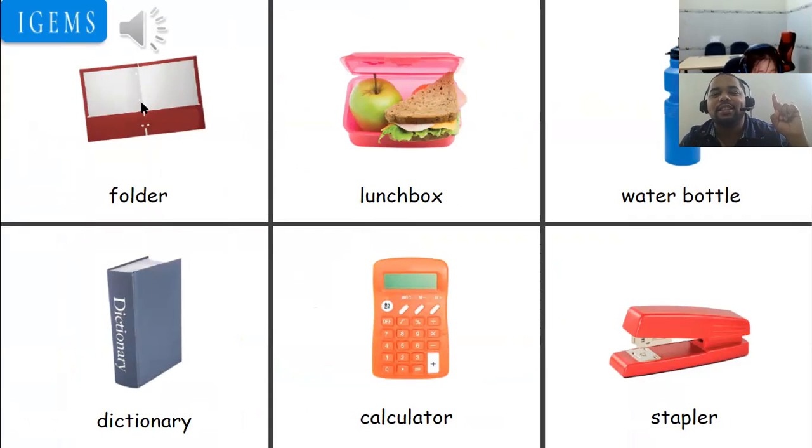The first one is folder. Folder. And what is the next one? Where you have an apple, a sandwich? Lunch box.